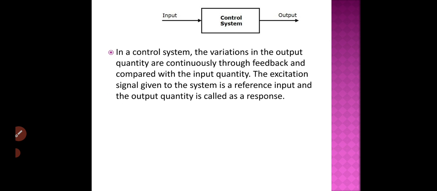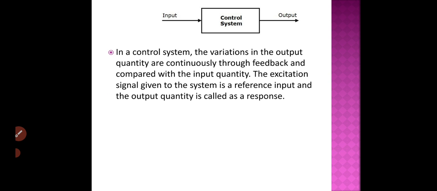This figure shows the simple block diagram of a control system. The control system here is represented by a single block. Since the output is controlled by varying the input, that's why we call it a control system.